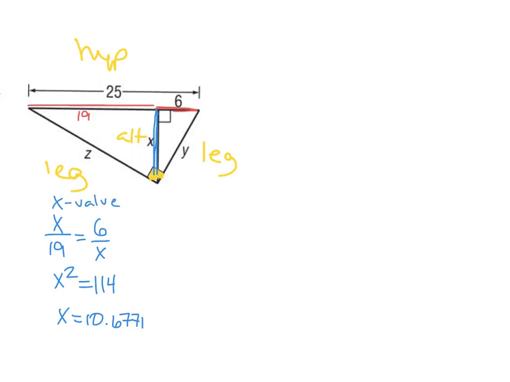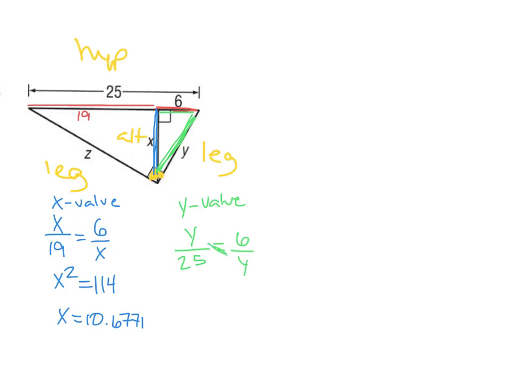Next, I'm going to go ahead and find the y value. So I look, the y value here is a leg. So we have to use the leg theorem. The leg theorem states you take the leg over the hypotenuse, and you set it equal to the adjacent part over the leg.